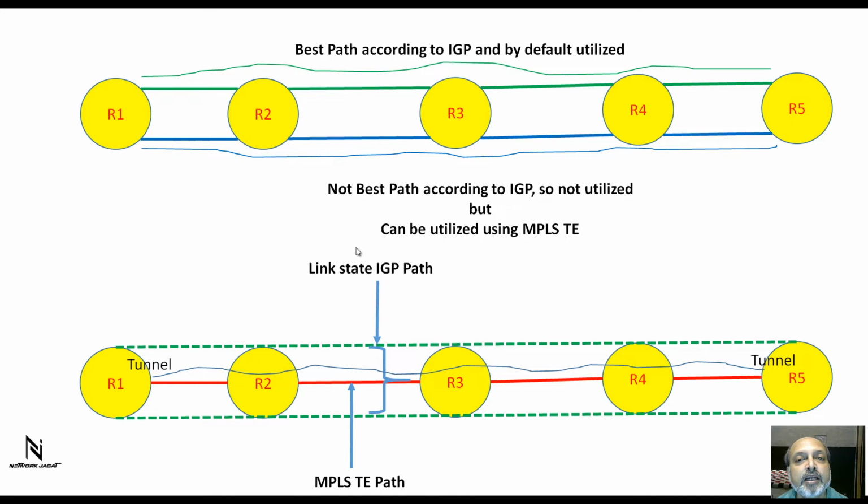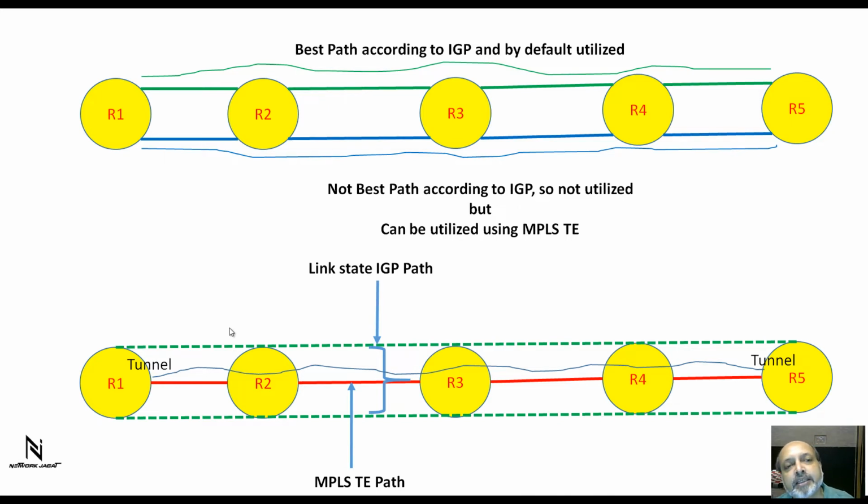Now, this numerical identification has nothing to do with its preference, because, for example, let us suppose that these are two MPLS TE paths, and they have originated from the same tunnel interface, right? Here is a single tunnel interface, and from the single tunnel interface we are creating two tunnel paths, right?